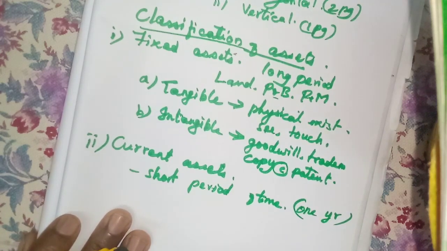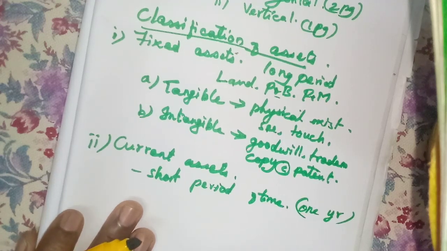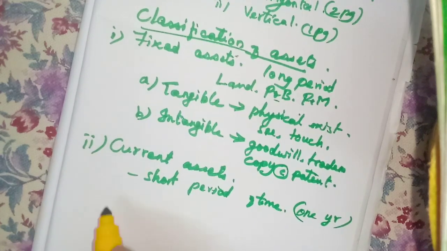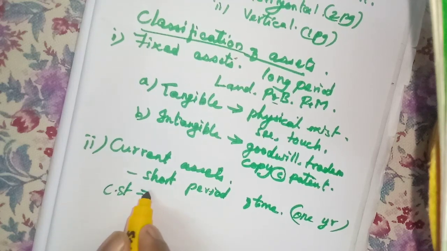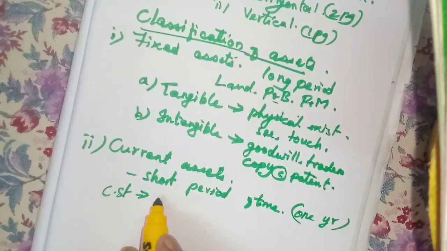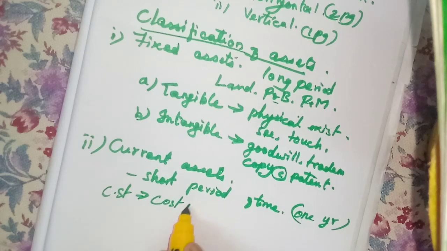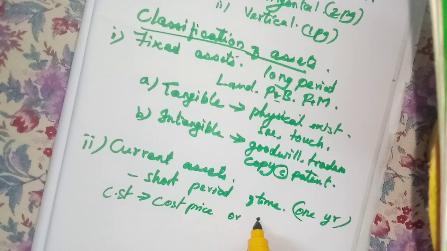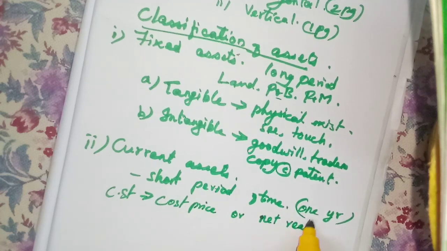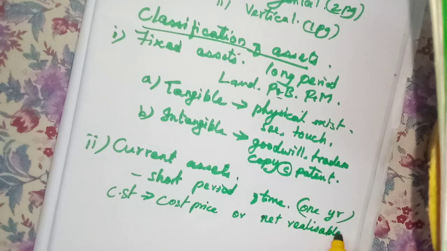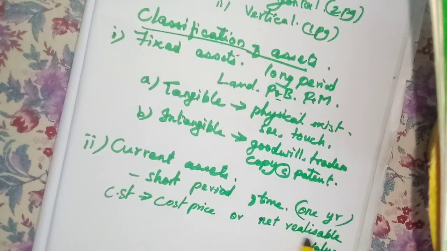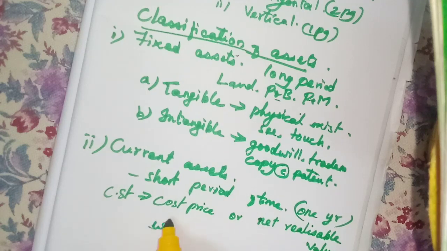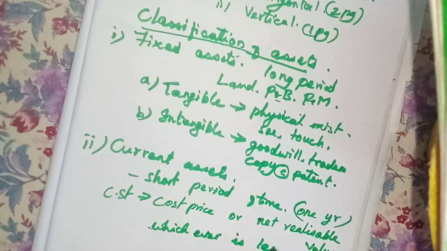Okay, here that closing stock, that is there, but how they will value the closing stock? Okay, they will value either at the cost value, cost price, or the net realizable value. That means simply market price, which value we can sell, cost price or market price, whichever is less.